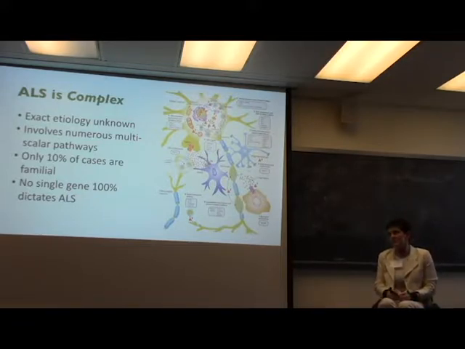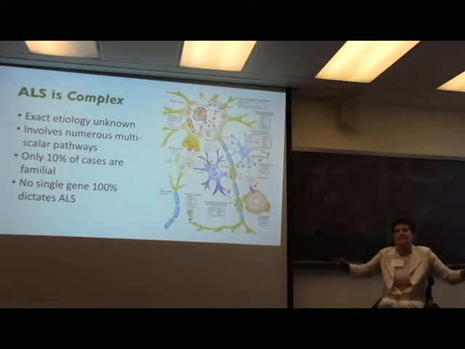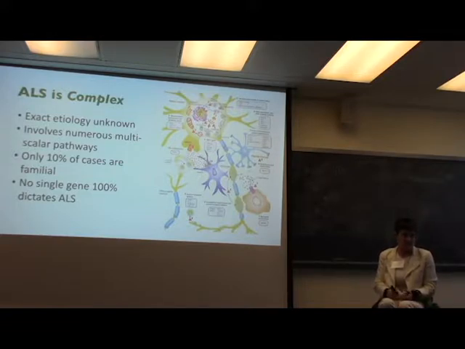Only about 10% of cases are familial, which means that you know a family member that has ALS and you have an inherited variety. So 90% of cases are sporadic. And what's bad about sporadic diseases is that it means any number of things could have caused it, whether it's oxidative stress, the inability for the mitochondria to metabolize the free radicals and get rid of them, whether excitotoxicity is another theory where the nerves release too much glutamate and causes a toxic excitation of nerves that results in their death.